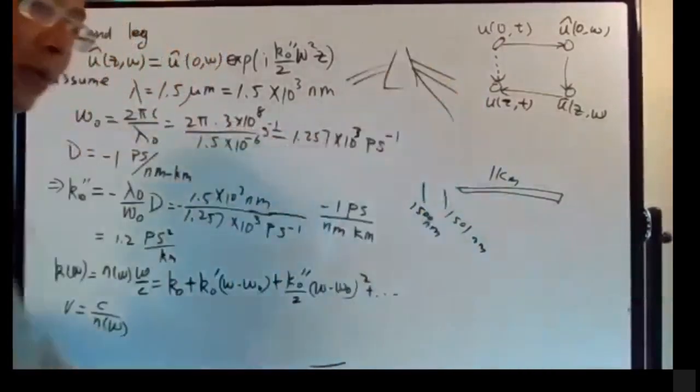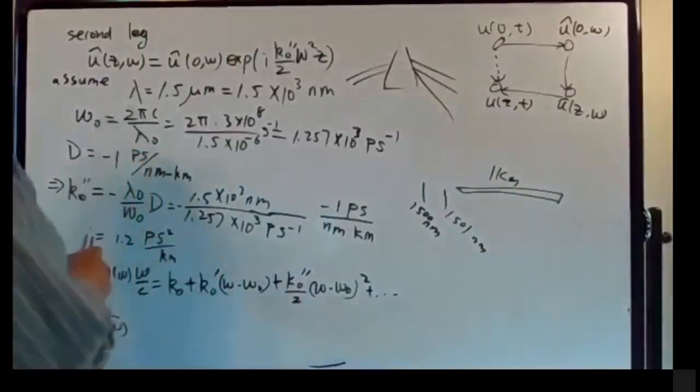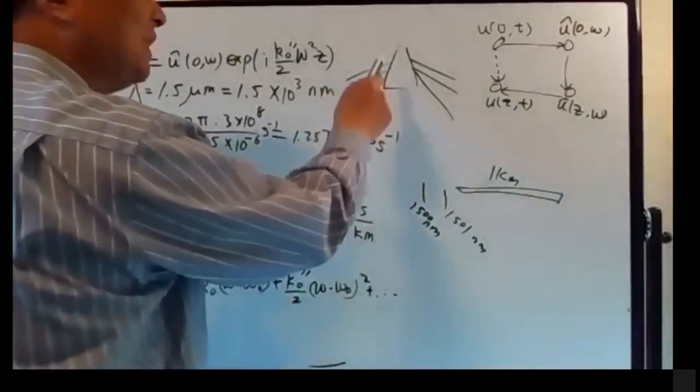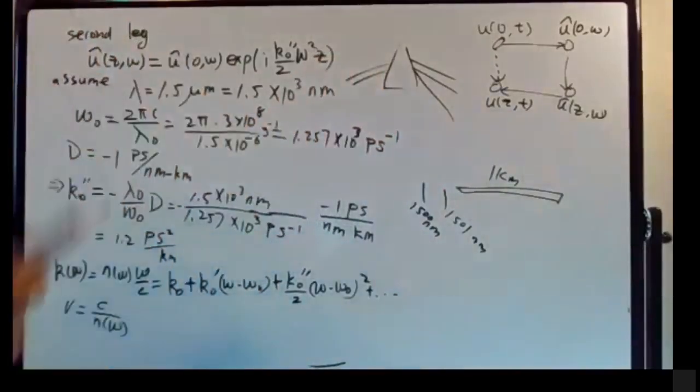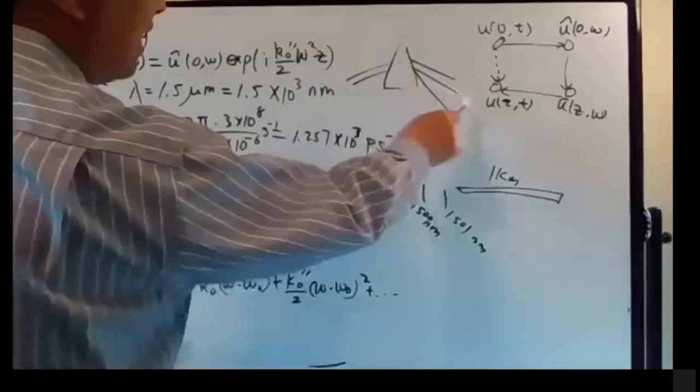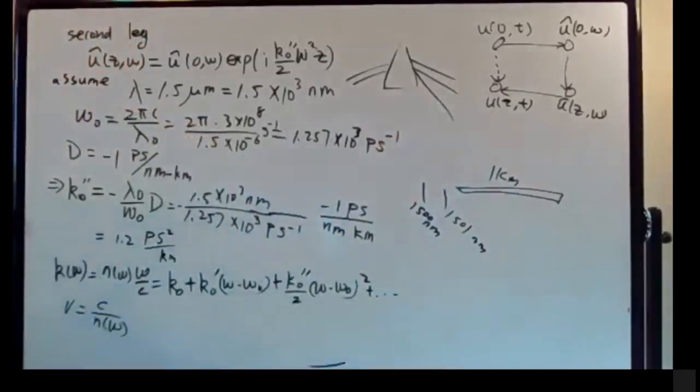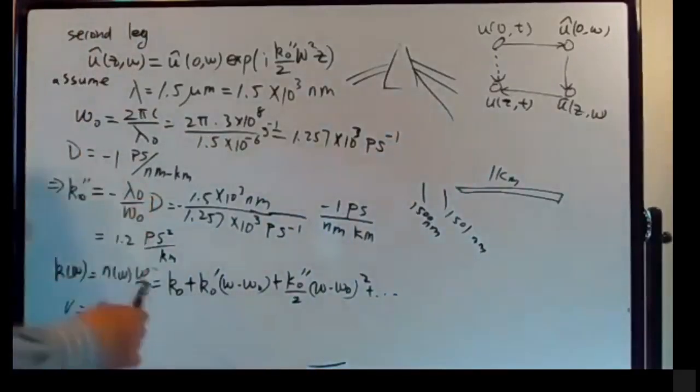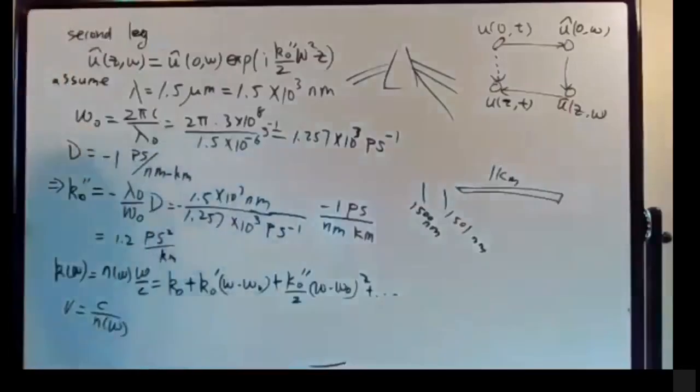You can split it up because the refractive index in the glass is different for different wavelengths, for different frequencies. That's why you can have different visible frequencies spreading out. So the refractive index is different, and that causes the pulse delay.